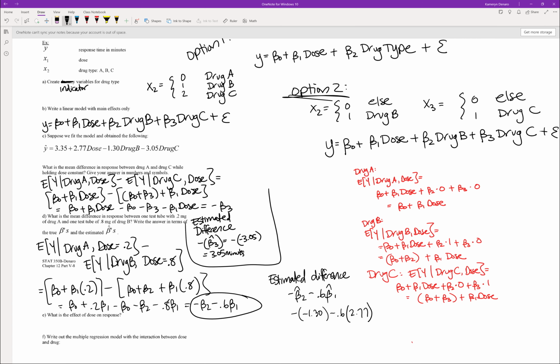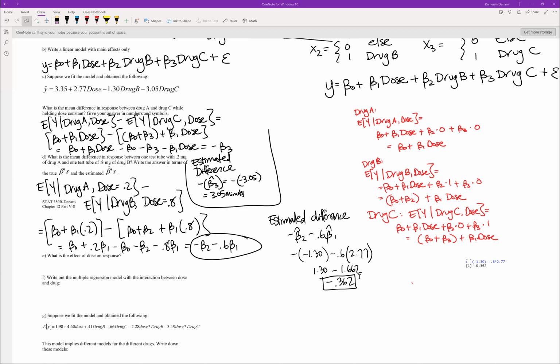And if you calculate that out, that's going to be 1.30 minus... we calculate that out, that will give us an estimated difference between one test tube with 0.2 milligrams of drug A and one test tube of 0.8 milligrams of drug B is negative 0.362. So that is also in minutes.